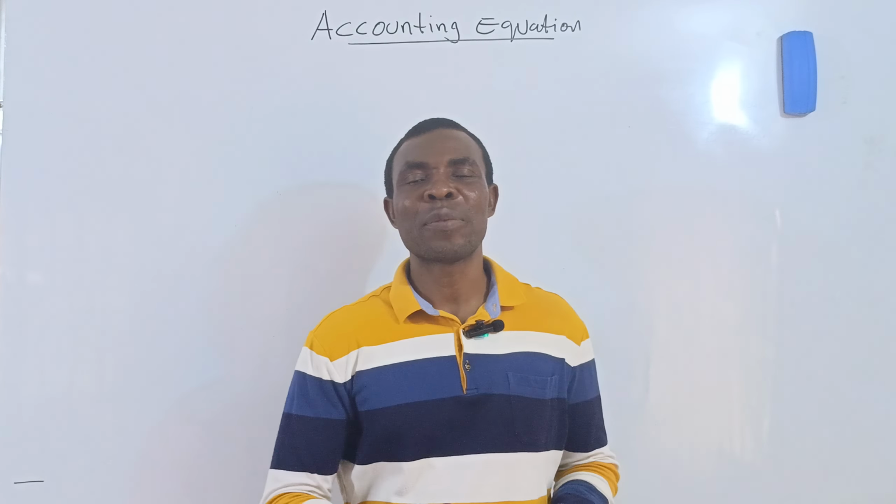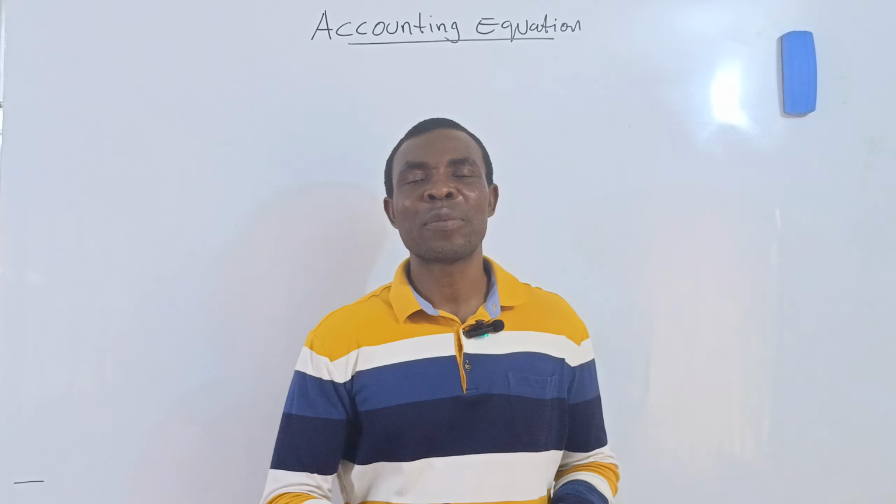In that case, your new accounting equation becomes equity equals assets minus liability. You can as well make liability the subject of the formula. Say liability equals assets minus equity.